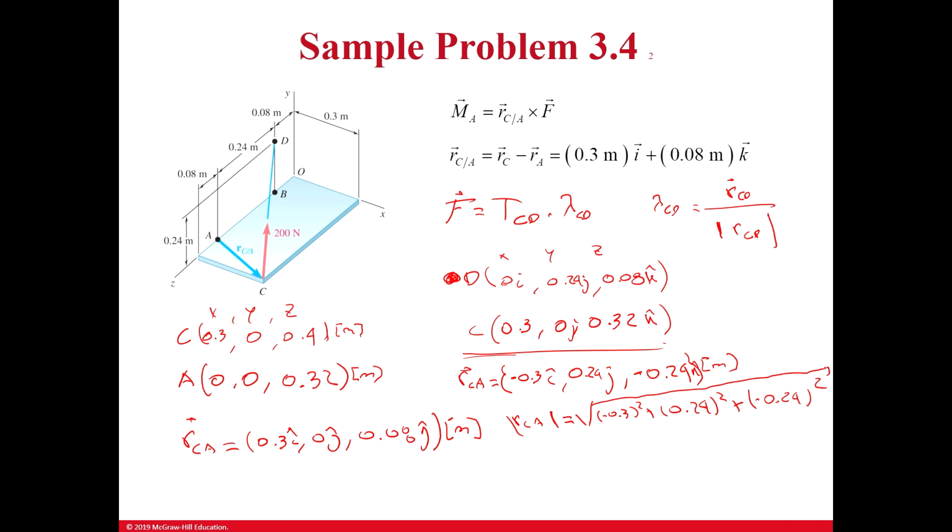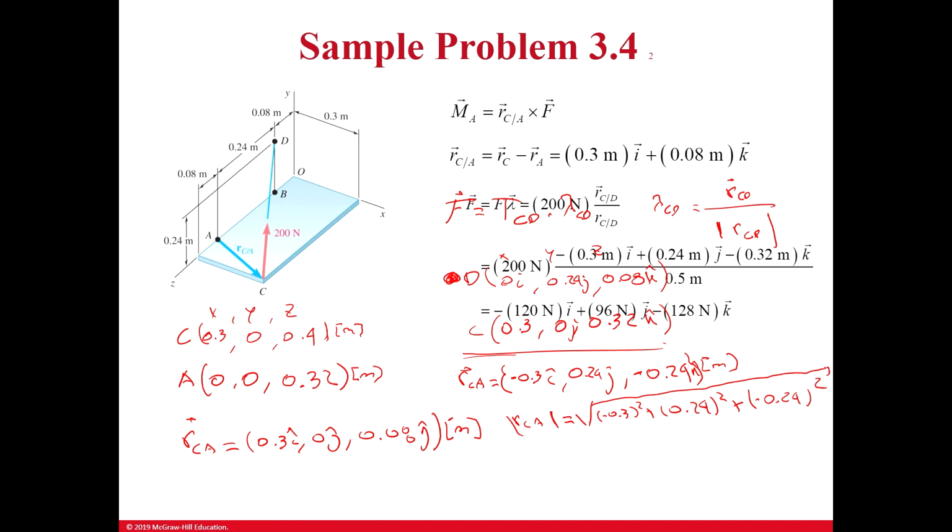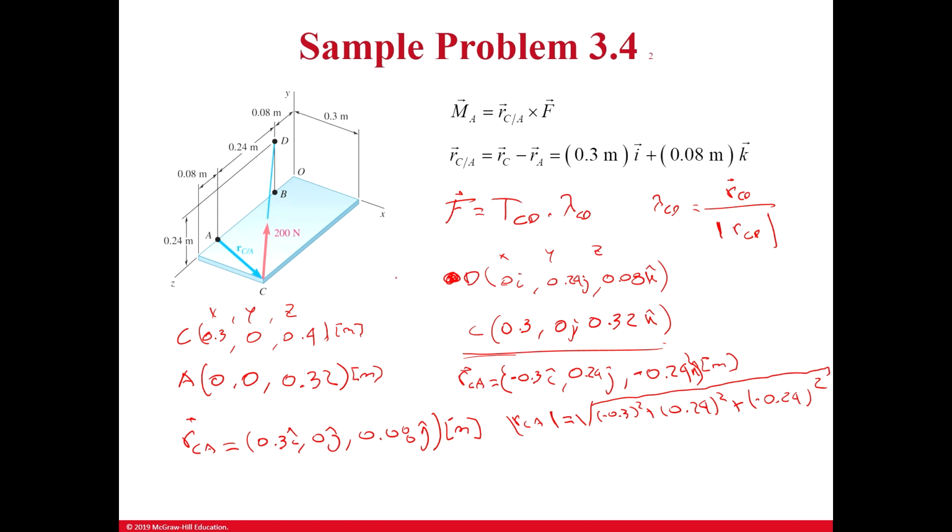Okay, so we have 0.3, 0.24, negative 0.24, and we get 0.45. Is that true? Yeah, they get 0.45. So that's what we get. 0.45 meters. All right.